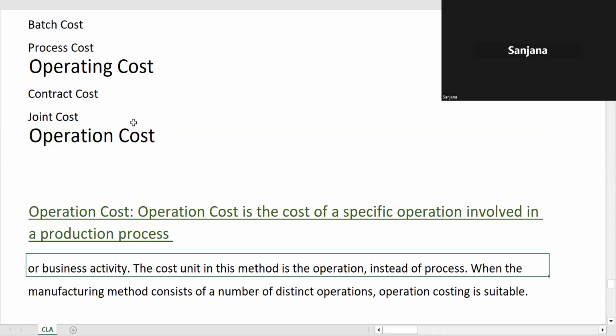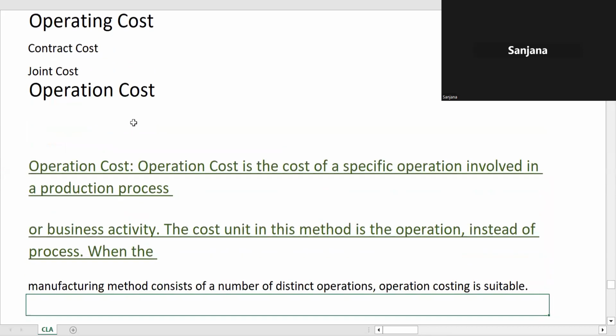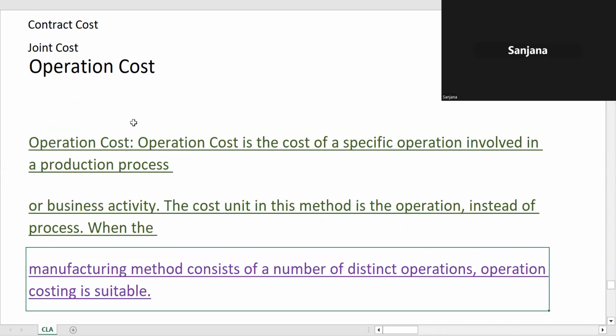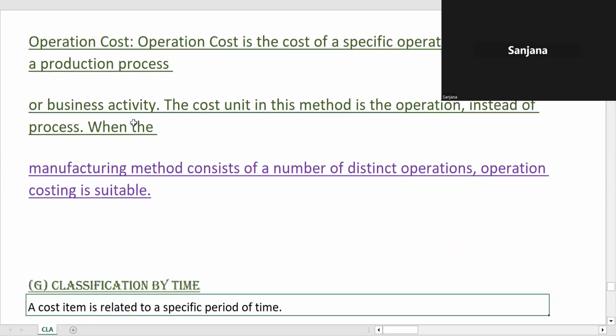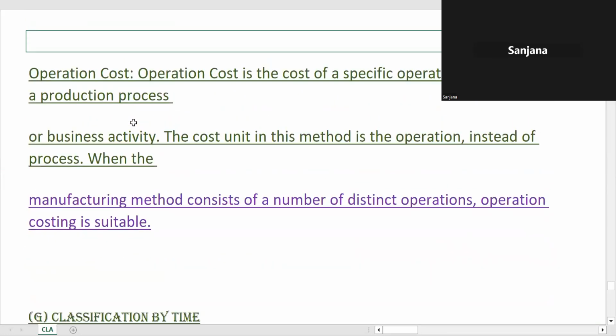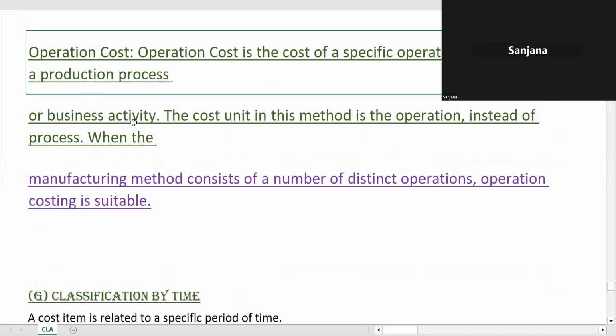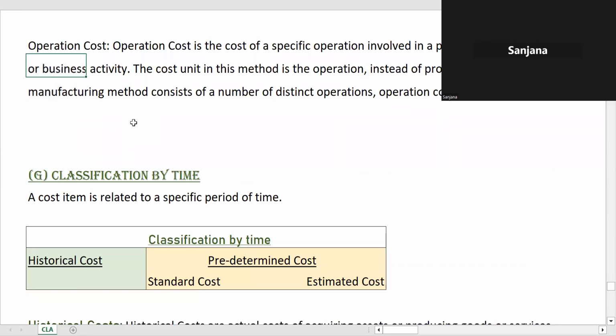The cost unit is the operation instead of process, where the manufacturing method consists of a number of distinct operations. So operation is basically a combination where you have to use more than one costing method.